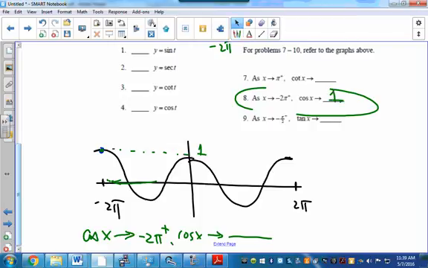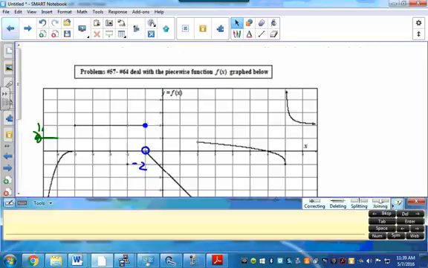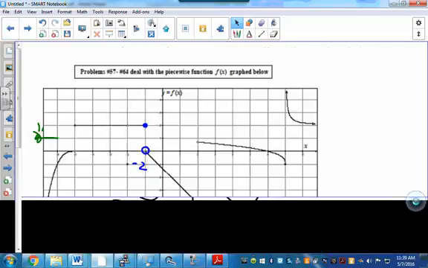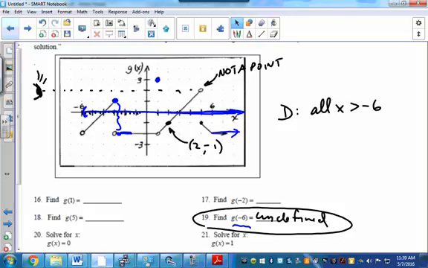Okay? Now, let me go back and look at these previous graphs that we were messing with. And I want to do a similar type of limit problem. Let's look at this one for a second.